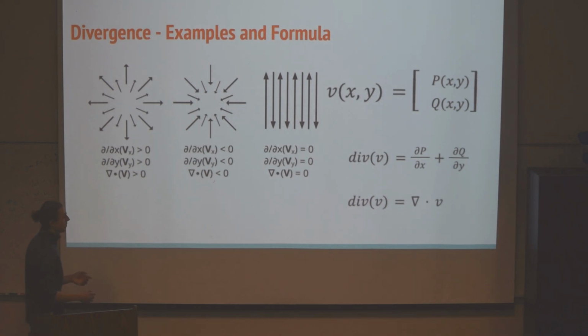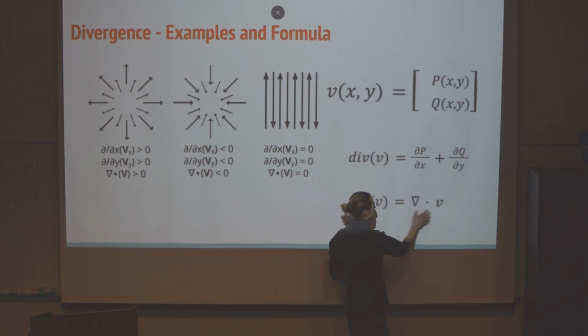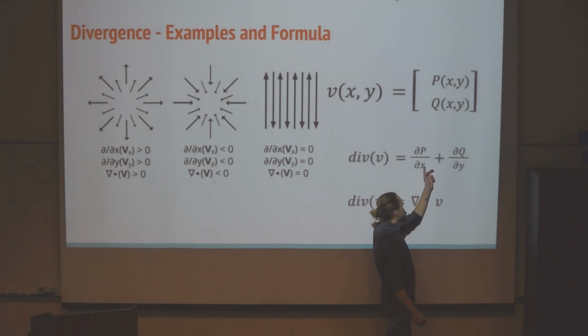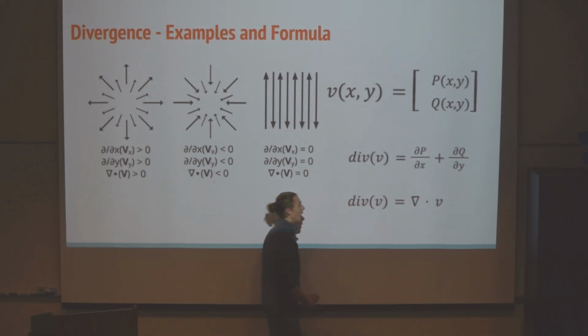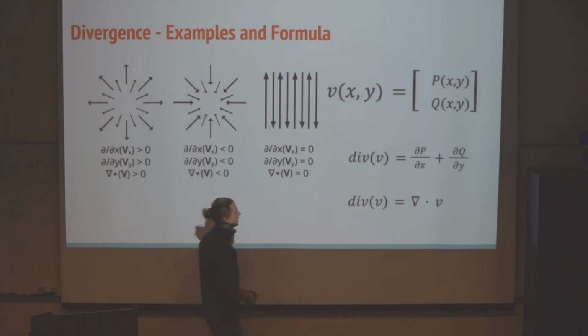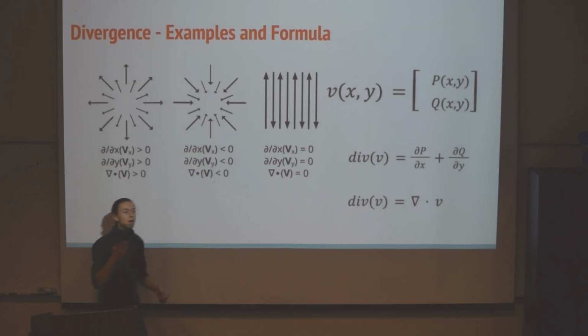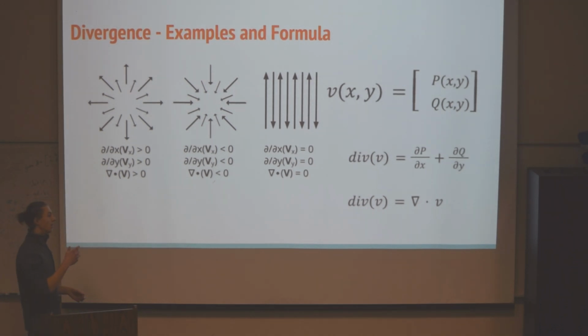Oh wait, one more thing. And so this is essentially just another way of thinking about it. So instead of saying I'm going to write del p del x plus del q del y, I'm going to write my divergence of v. Remember the gradient vector field is the rate of change of f with respect to x as your x component plus the rate of change of y.